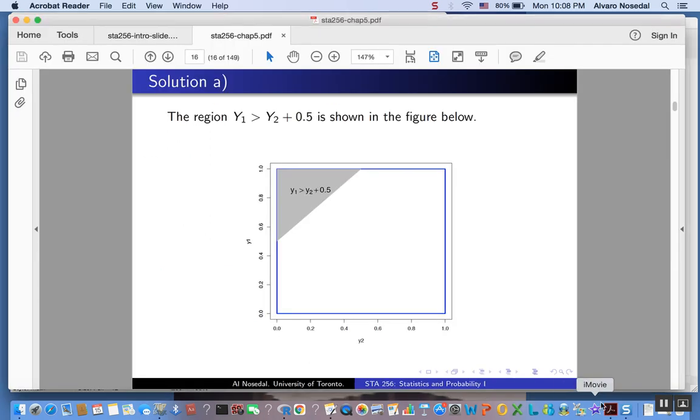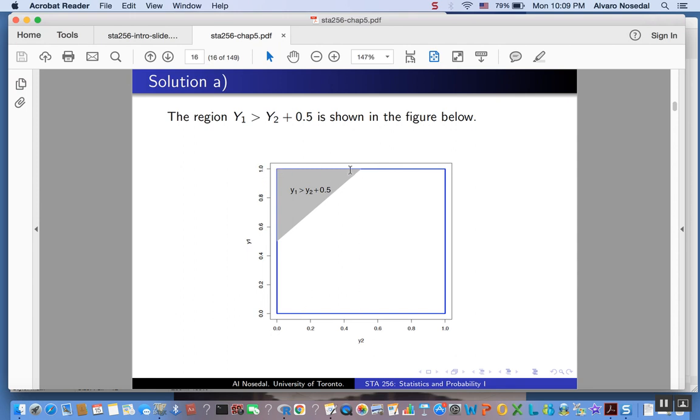Then what we said is, that line y1 equals y2 plus 0.5 is a line with slope 1 and y-intercept 0.5, and since the slope is 1, if you move 0.5 units, you have to reach 1. So this part here is 0.5, which means that y2 goes from 0 up to 0.5.